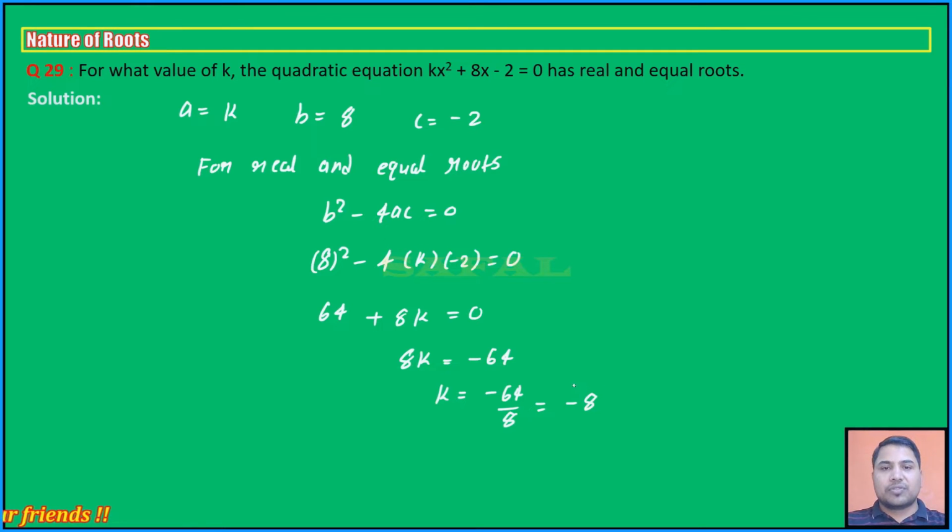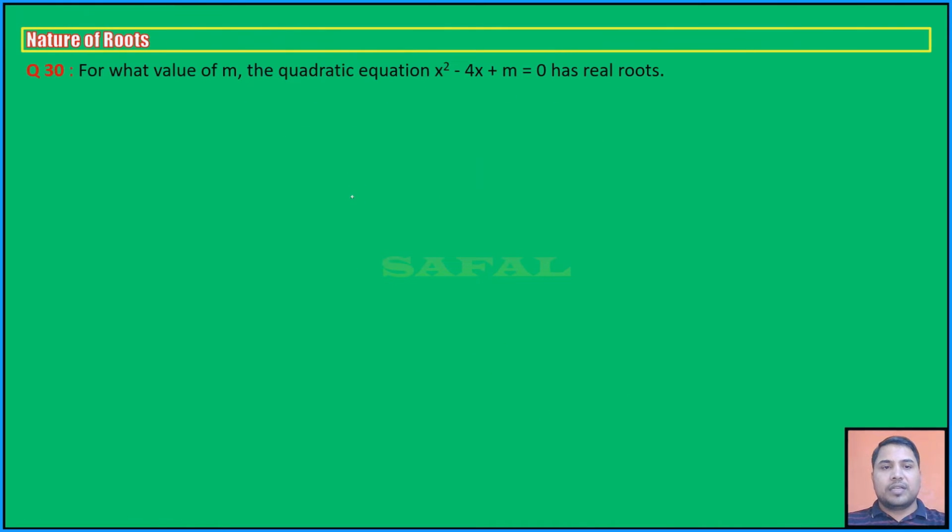Okay, so the value of k for which above quadratic equation will have real and equal roots is what? Minus 8. Okay, so moving ahead to the next question. Here they are asking for what value of m the quadratic equation has real roots. Now one important point here you need to take care.